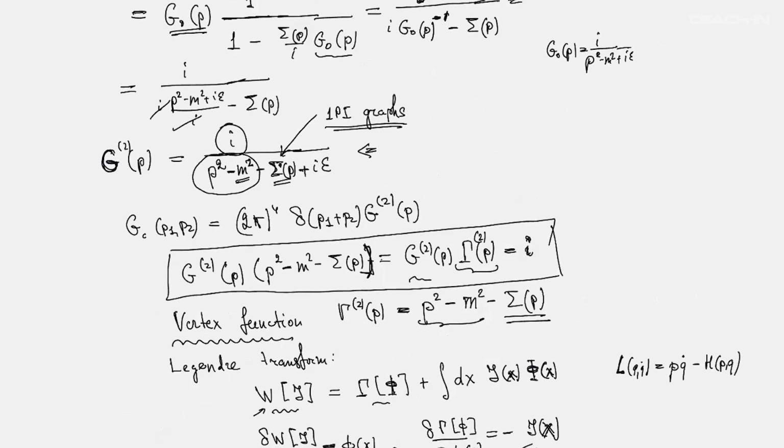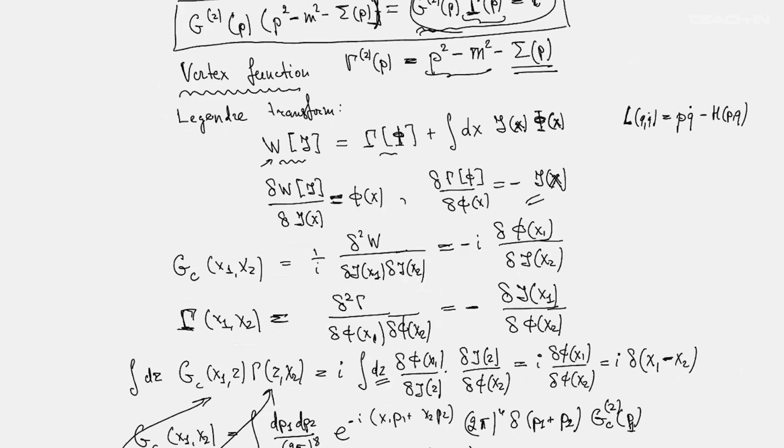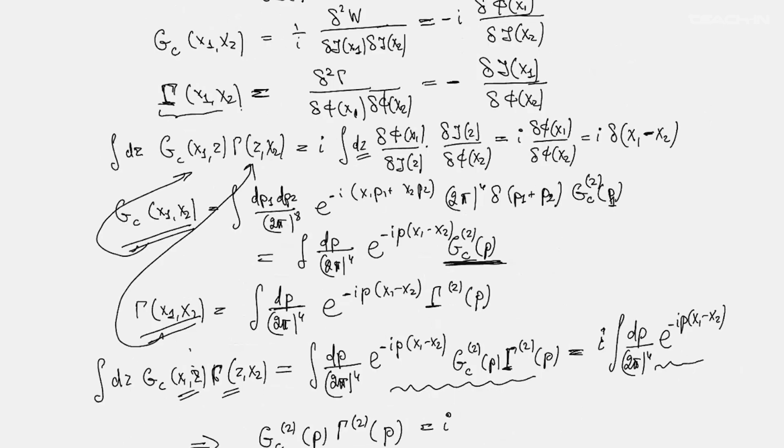And now we see that this quantity gamma 2 is nothing else than the momentum space kernel of gamma x1, x2, coming out as a second derivative of the functional gamma with respect to the field phi. Okay, so that's exactly the expected formula I wanted to obtain.